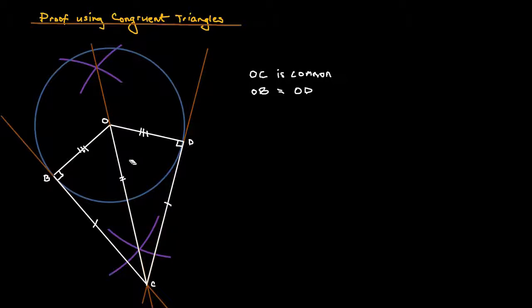So if you have the hypotenuse and any one of the sides, we call this RHS congruence. We can write it like this. RHS congruence. It's very common to have RHS congruence. You often do get these right-angled triangles.